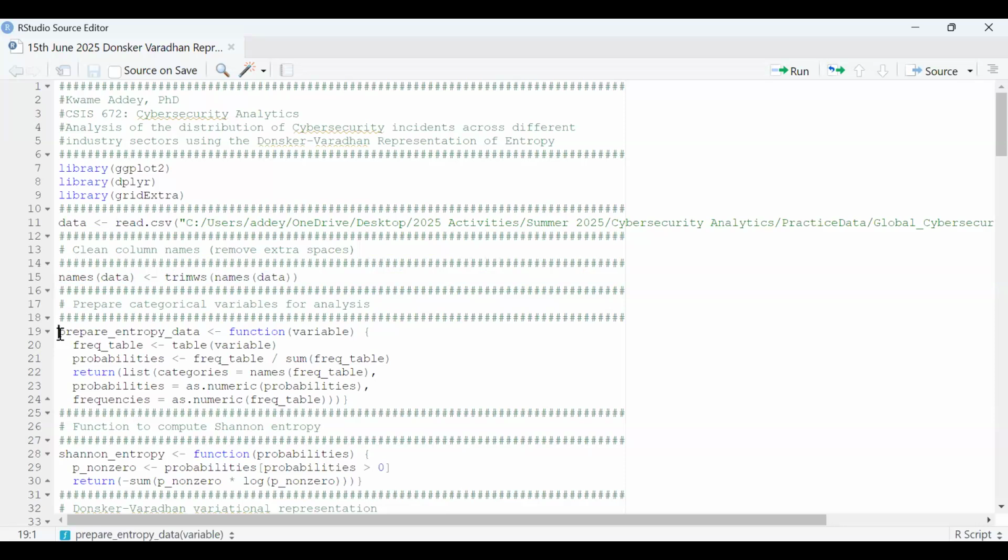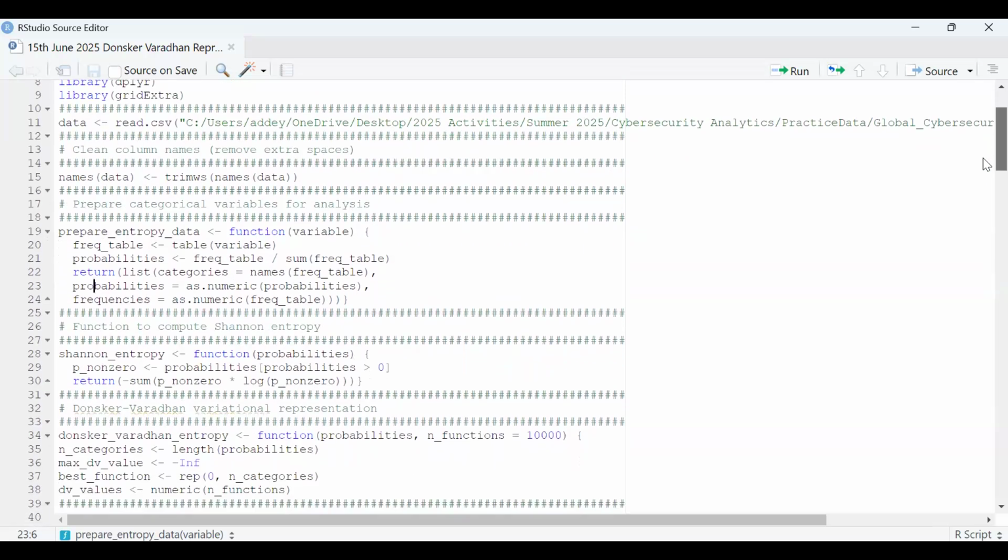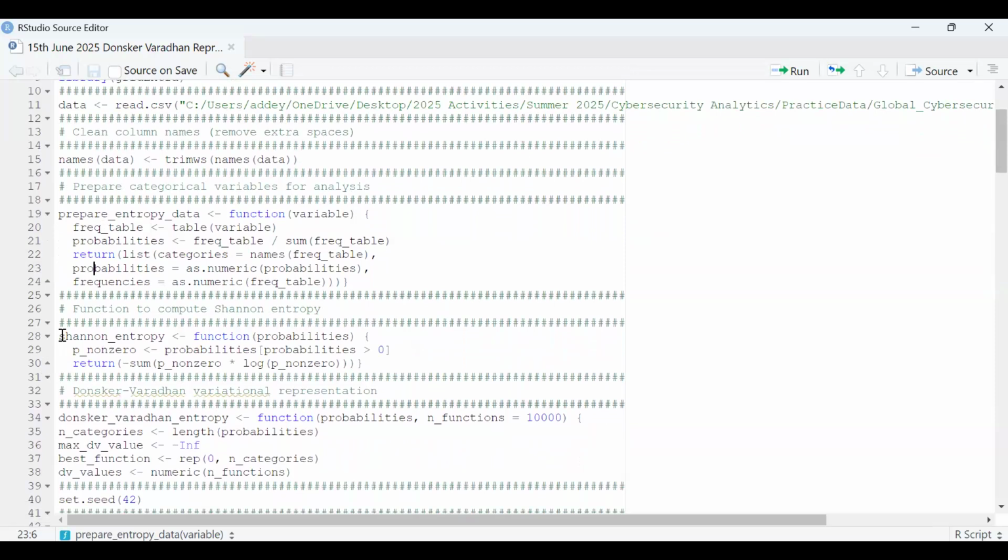Then following that, I compute the frequencies of the variables or the incidents of interest, and I also compute their probabilities because I need these probabilities to be able to compute my Shannon entropies. So having computed the probabilities in this set of lines, I write a function for the Shannon entropies.